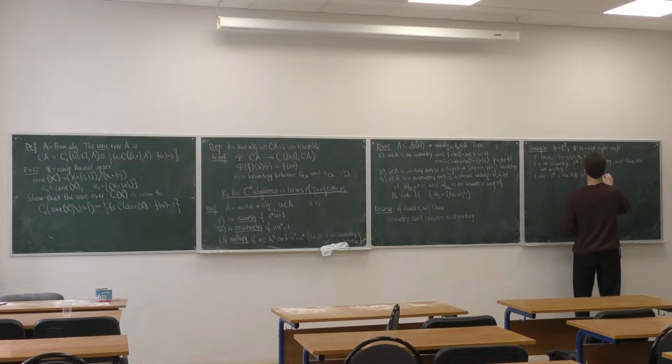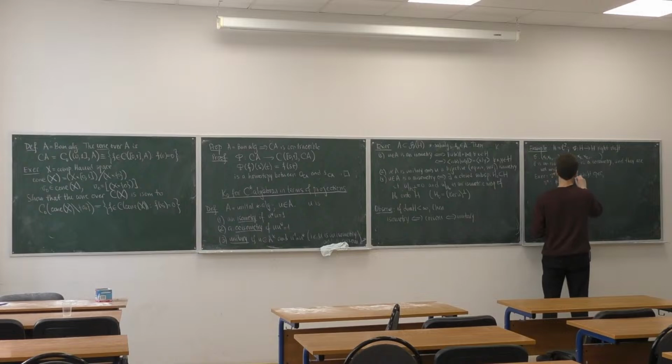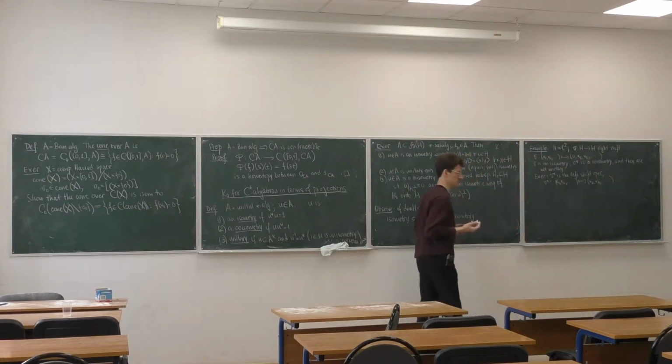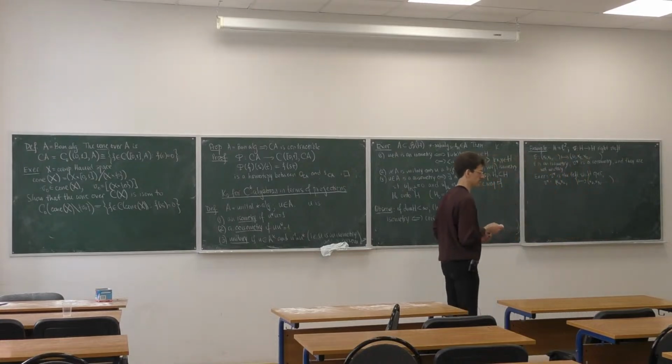That is, it acts as follows: it takes every sequence x1, x2, and so on to the following one. So it kills x1 and it shifts all the remaining coordinates by one position to the left. So clearly this map is not injective. It has a non-trivial kernel.